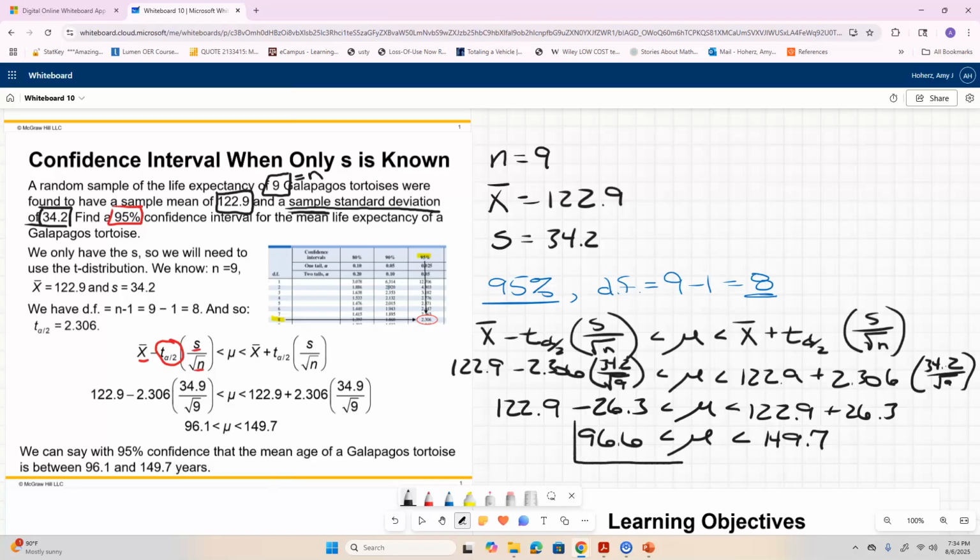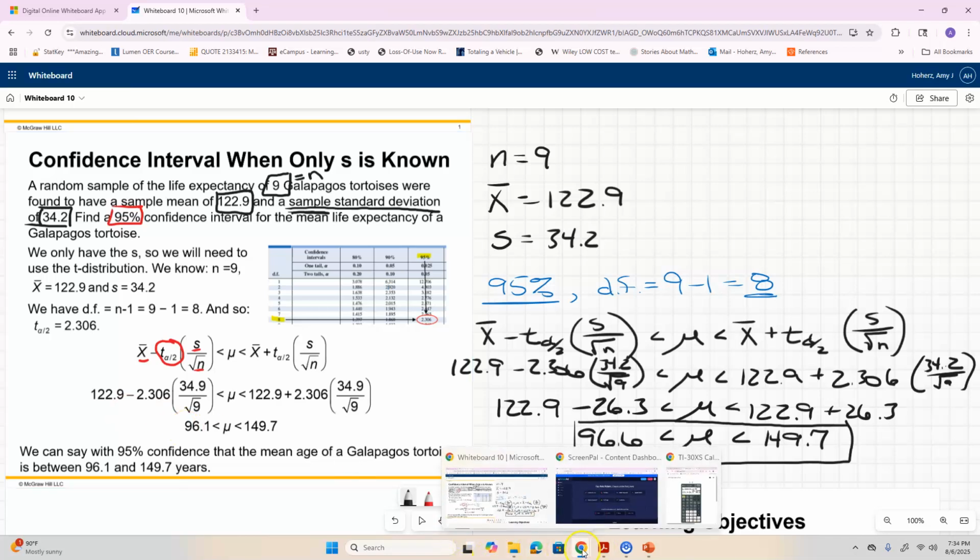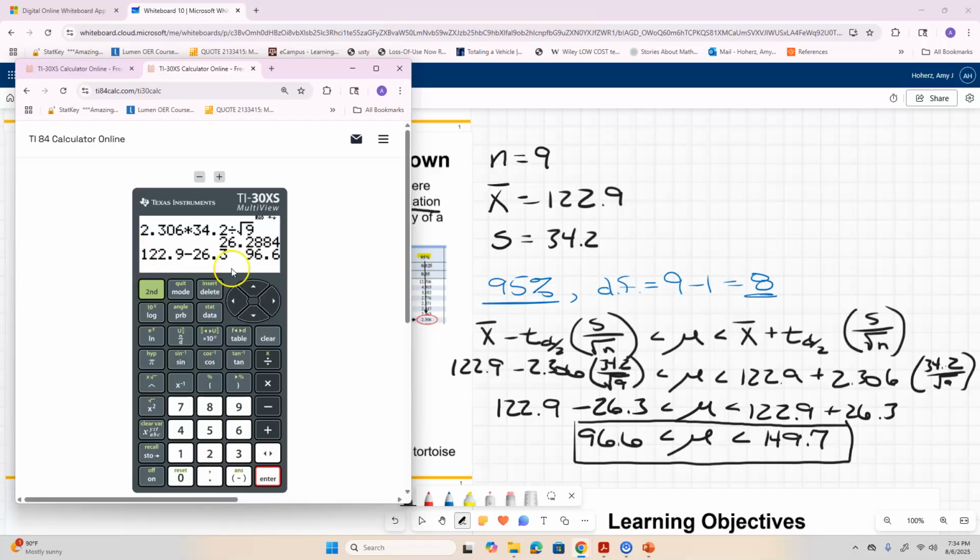So that's our confidence interval. We are 95% confident that the actual mean age of these Galapagos tortoises is between 96.6 years and 149.7 years. Hold on. There's a discrepancy from the slide to what I just computed. Let me double check and make sure I didn't put something into the calculator wrong.